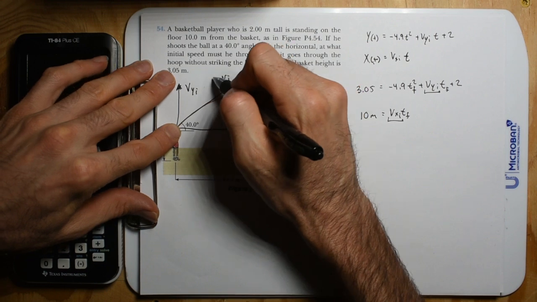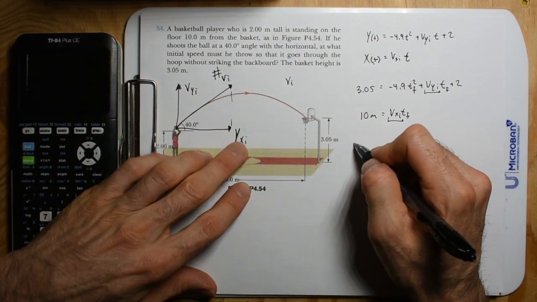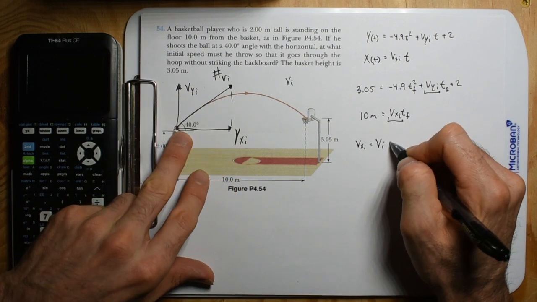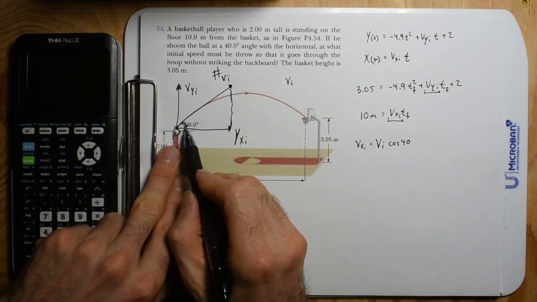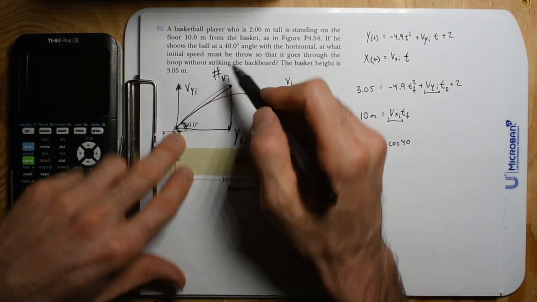If this is the hypotenuse, the equation for vx initial is equal to v initial cosine 40. Here's the angle, this is the sine component, this is the cosine component, the one we want. This is the hypotenuse, it's the bigger number.